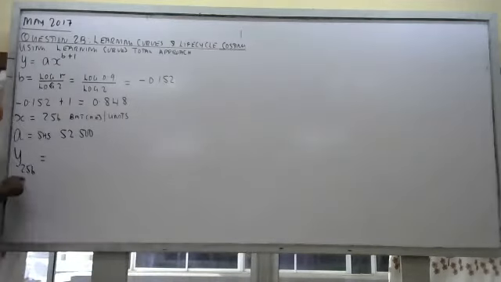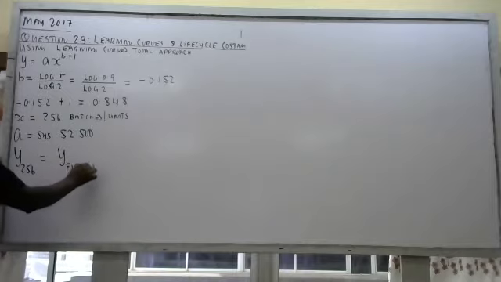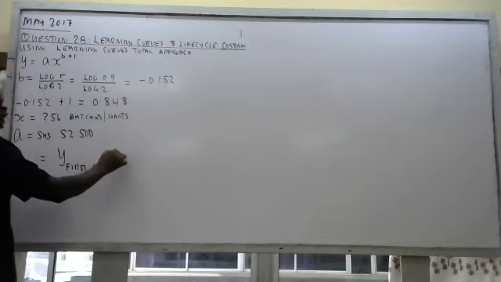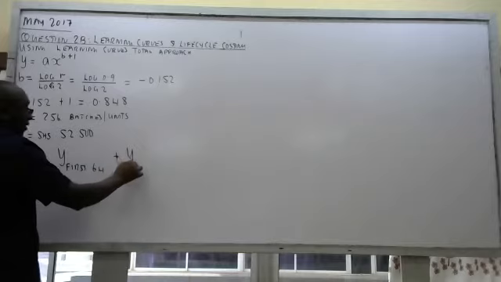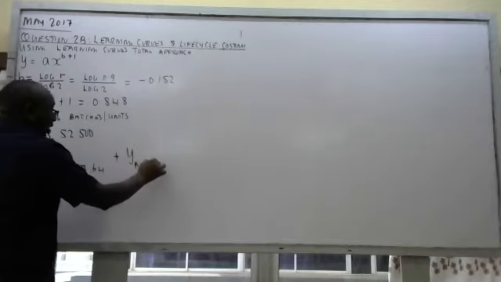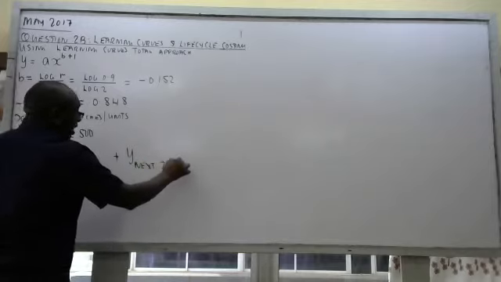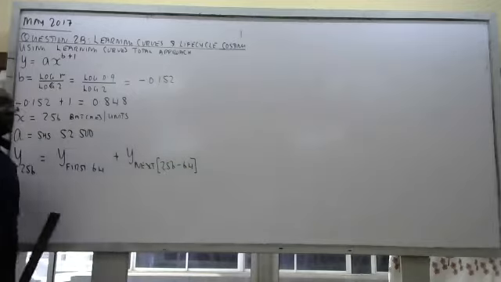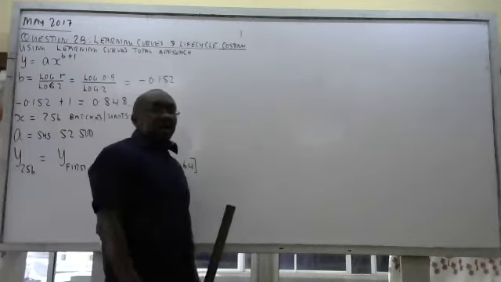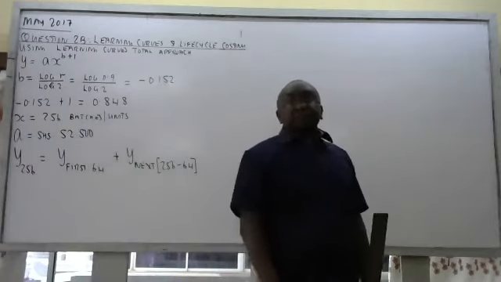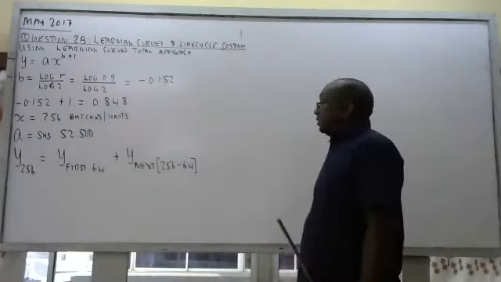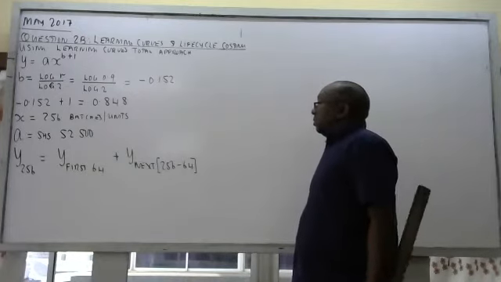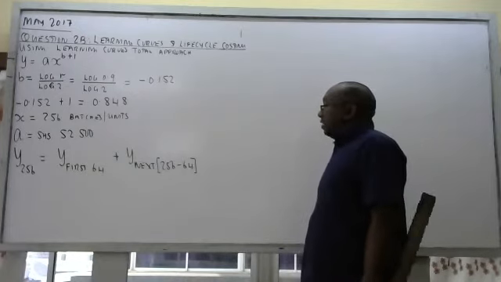So this one for the 256 then will be Y for the first 64 plus Y for the next 256 minus 64. That is how we are going to get it.